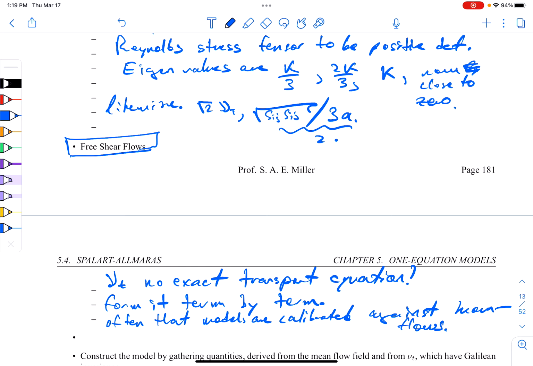The main reason is it's very rare that you would be running your model against a purely homogeneous isotropic flow anyway, unless you're in grid turbulence in a wind tunnel. So what they did is form a model with basically a diffusion term, no destruction term directly, and see what that looked like.